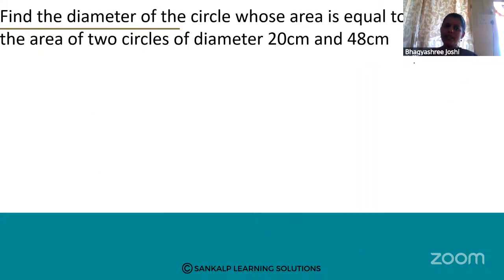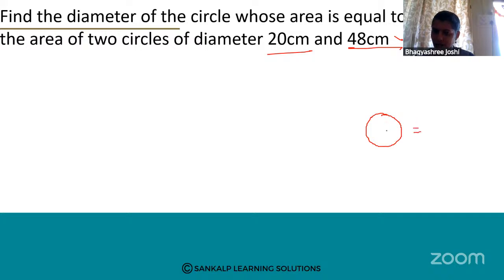Next, find the diameter of the circle whose area is equal to the sum of the areas of two circles of diameter 20 centimeter and 48 centimeter. Observe carefully what they have given in the question. The diameters of the two circles are given, that is 20 centimeter and 48 centimeter.